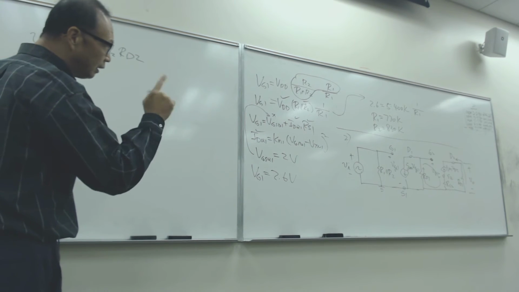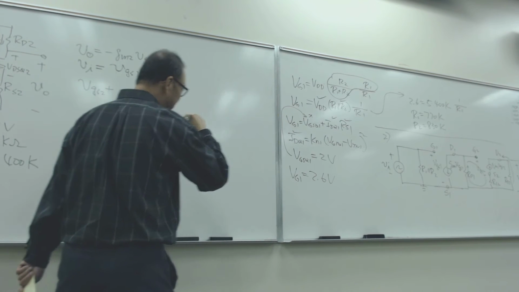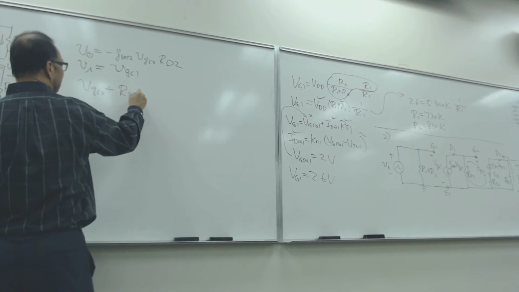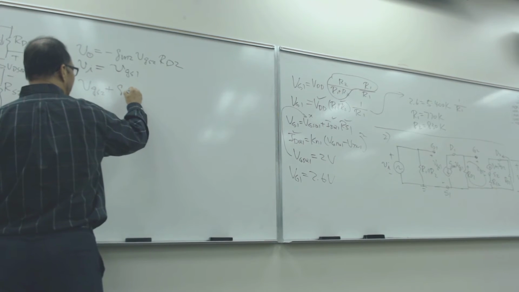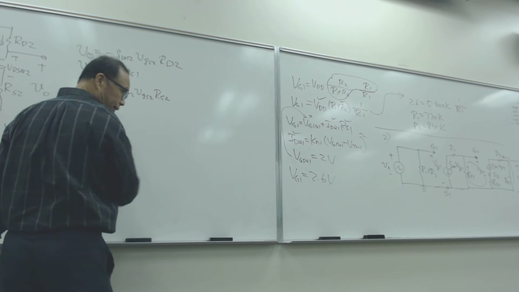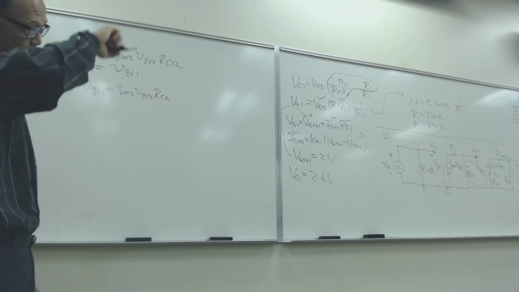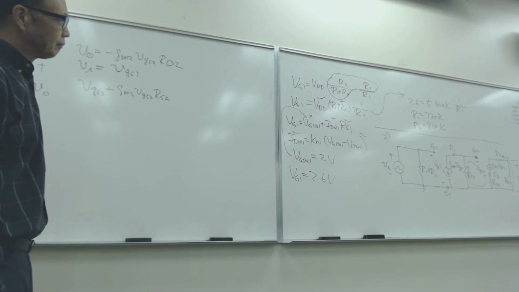Plus the voltage drop of RS2, which is what? GM2 VGS2 RS2, correct? Okay, then you have to come back up, right?